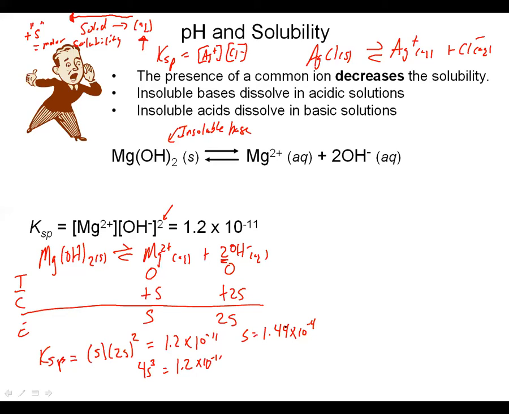Now, in terms of pH, in this equilibrium, it is the hydroxide that's important. In terms of the hydroxide concentration, we could see from the table that it's equal to 2 times S. So to find the hydroxide concentration, we would need to take 2 times 1.44 times 10 to the minus 4. If we do that, we end up with 2.88 times 10 to the minus 4 molar.